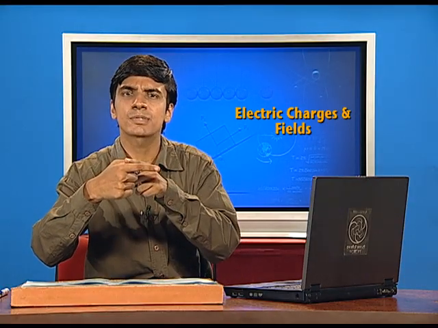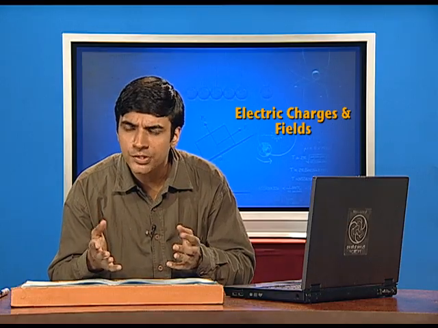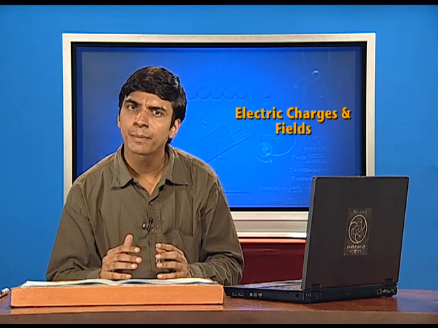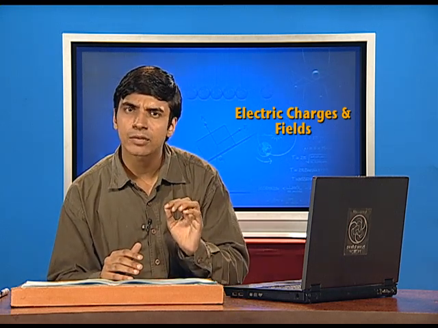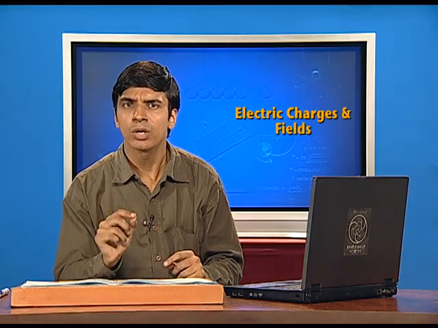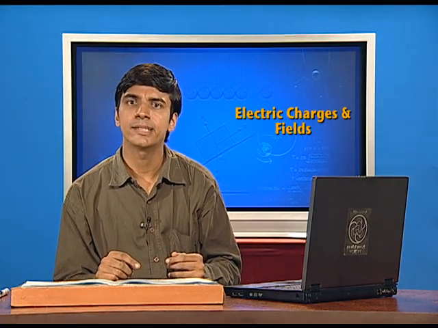So there must be some charges residing over it. Say suppose delta Q is the charge and delta L is the length of my finger, that is the string. Then the linear charge density will be lambda equal to delta Q by delta L, where delta Q is the charge on this length and delta L is the linear element.